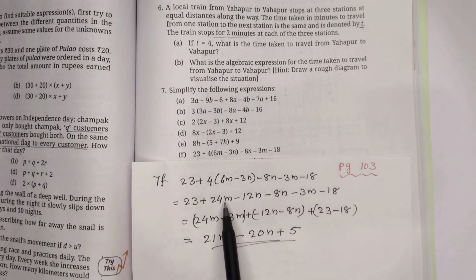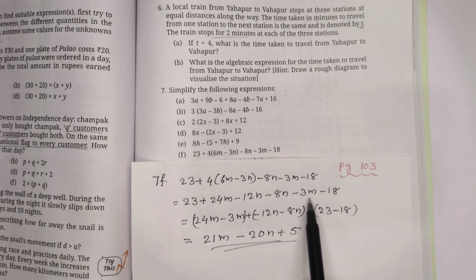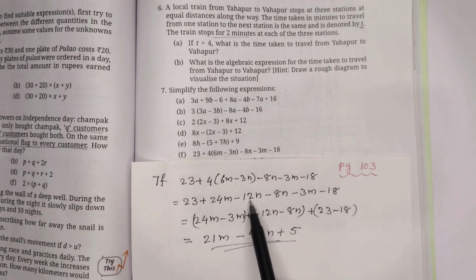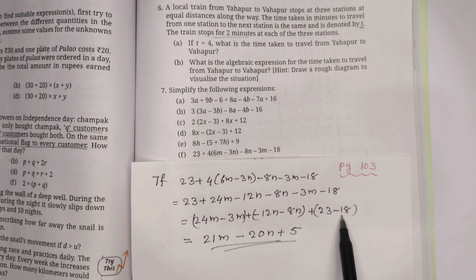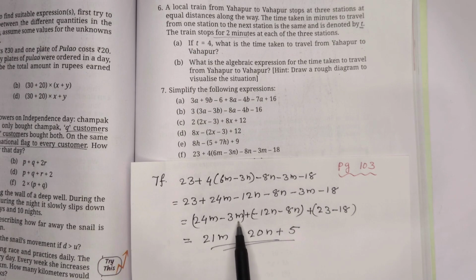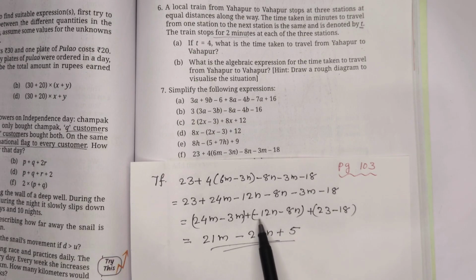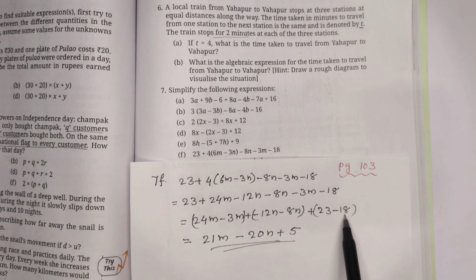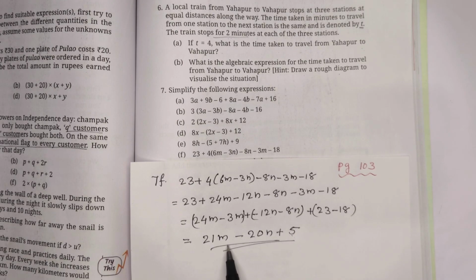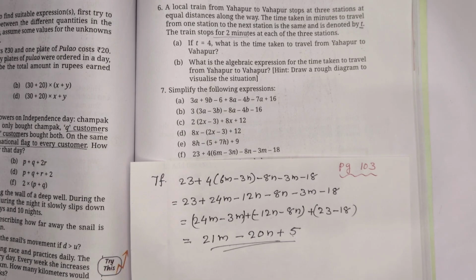Like terms together: 24m and minus 3m, minus 12n and minus 8n, then the numbers 23 and minus 18. 24m minus 3m, 21m. Minus 12n plus minus 8n, both the numbers are negative, so minus 20n. 23 minus 18, 5. So 21m minus 20n plus 5 is the simplified form of the given expression.